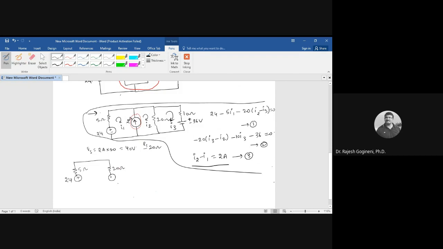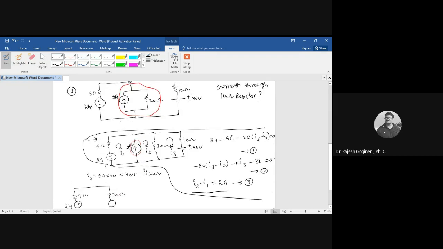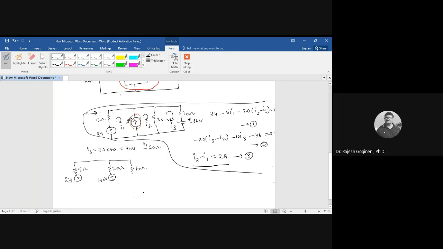Voltage source of 40 volts in series with a 20 ohm resistor, and last branch 10 ohm with 36 volts battery.